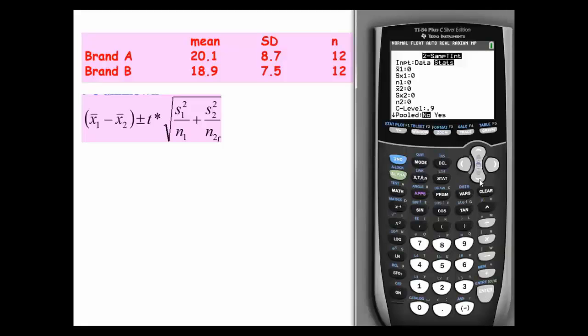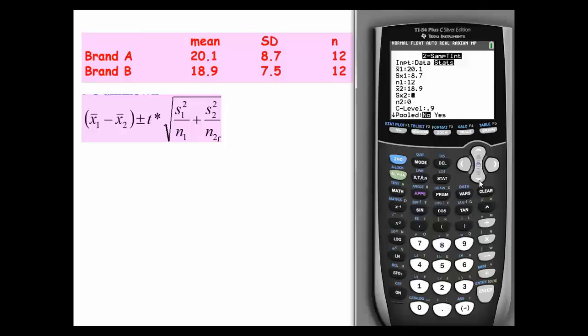So I'm just going to input the mean of 20.1 and the standard deviation of 8.7, and then n being 12, and then the second sample mean is 18.9.